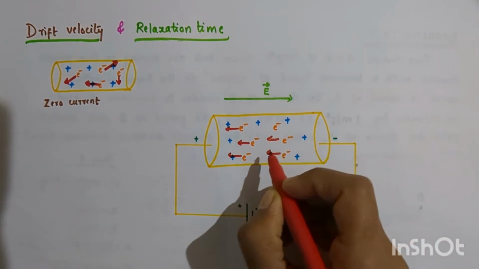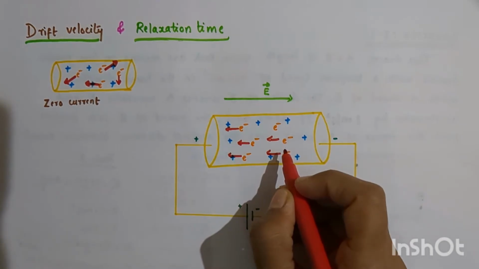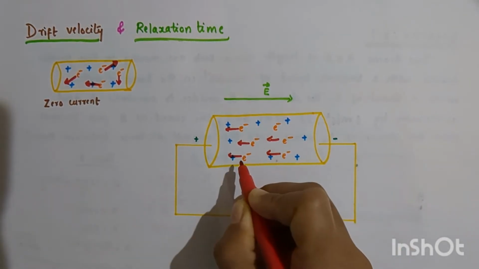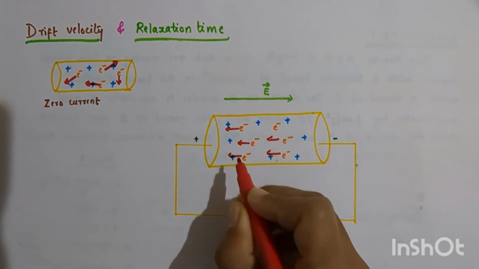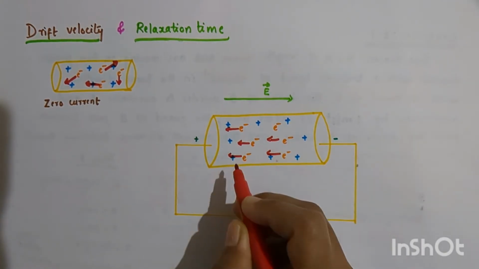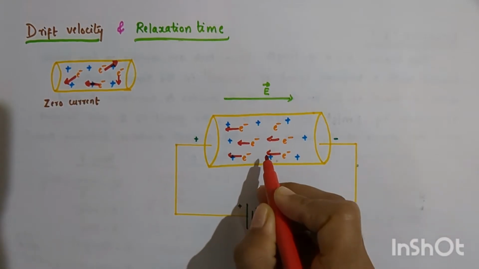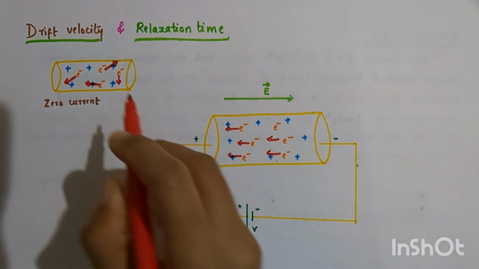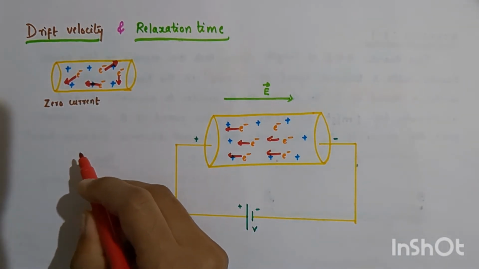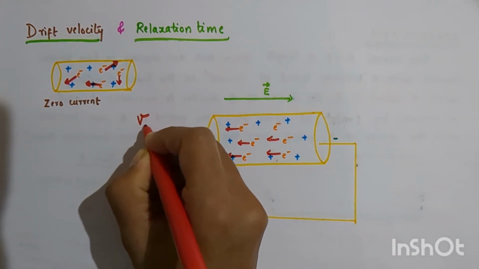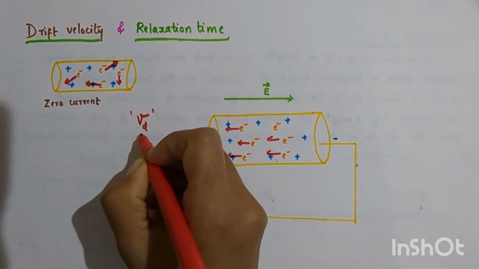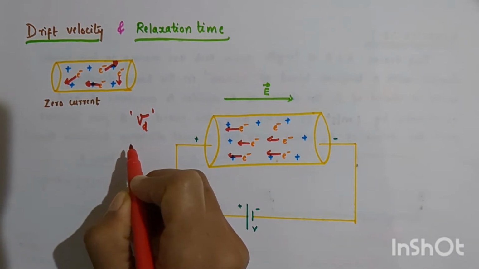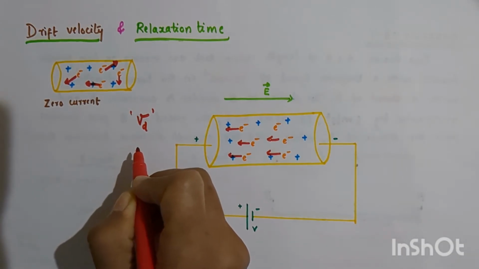All these electrons will be displaced continuously in one particular direction. Because of that displacement, electrons get a non-zero velocity, and that velocity is called the drift velocity. It is represented as V subscript d. This drift velocity is the velocity of the electrons which is being offered by the battery.